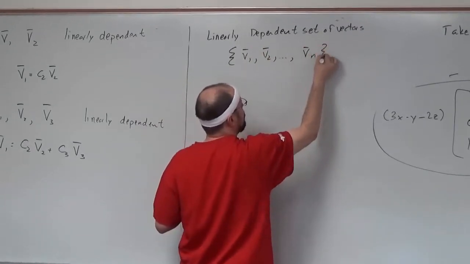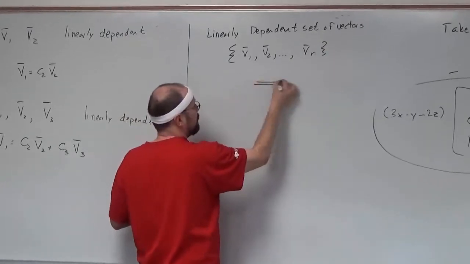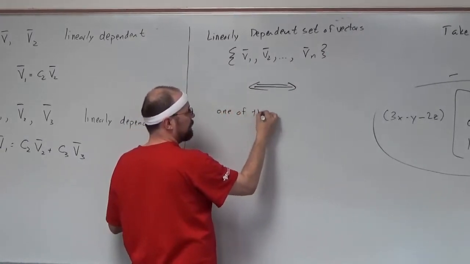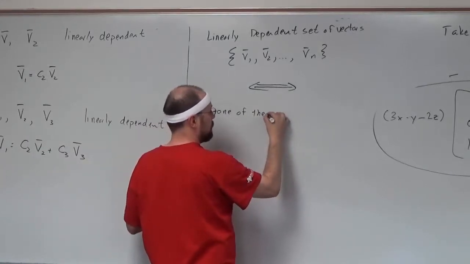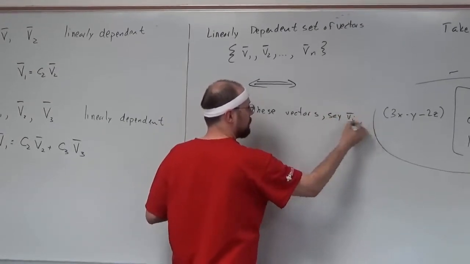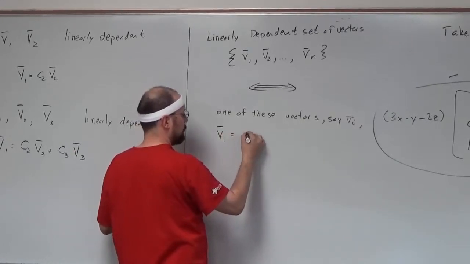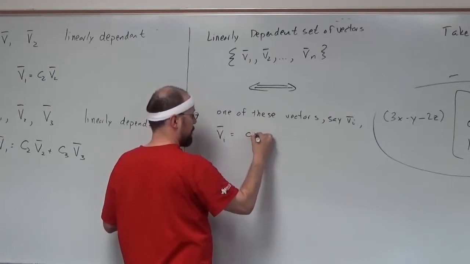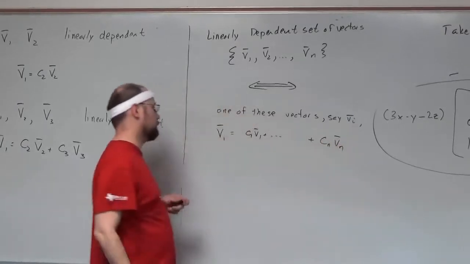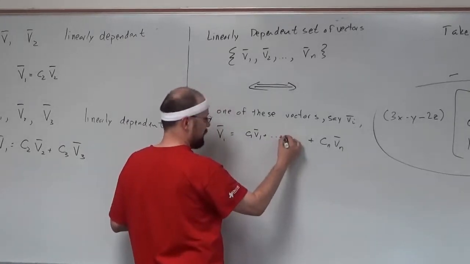So if you have a set of vectors and you say that it's a linearly dependent set, this intuitive notion says that one of these vectors can be expressed as a linear combination of the others, and here we would exclude i.